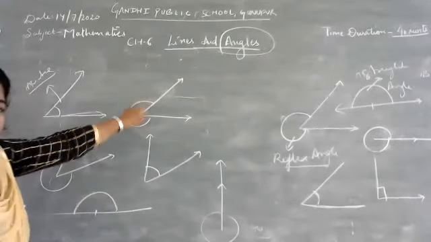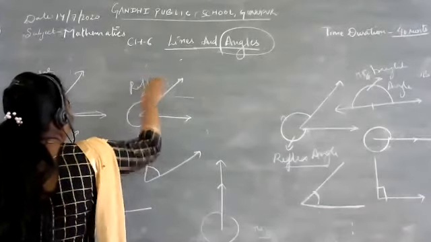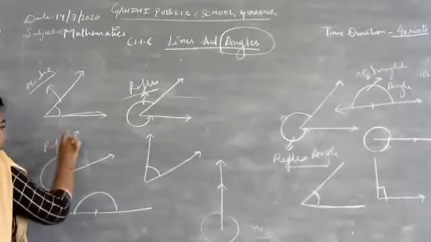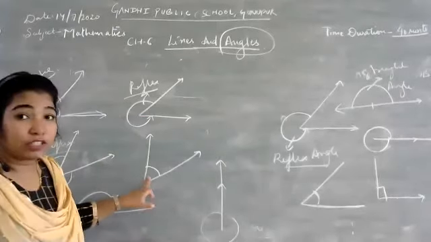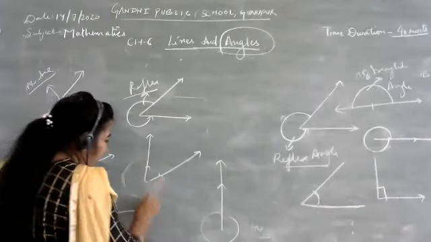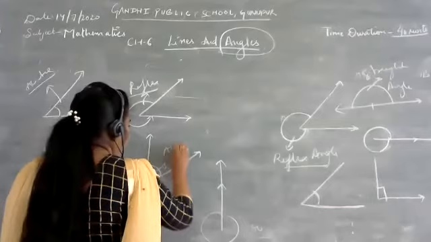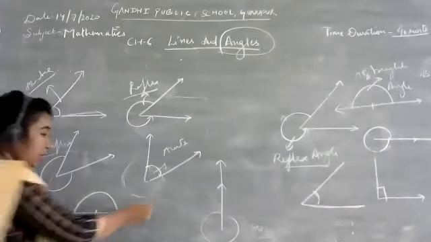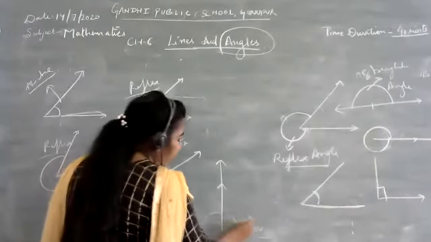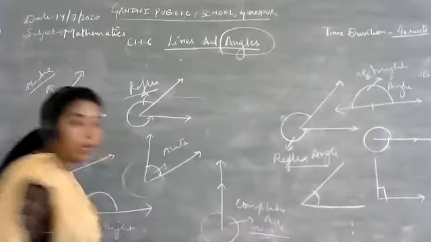Now this angle is made outwards, means it's a reflex. This is also a reflex angle. This one is not reflex, it is below 90, so it is acute. This represents a straight line. And this one is a complete angle.